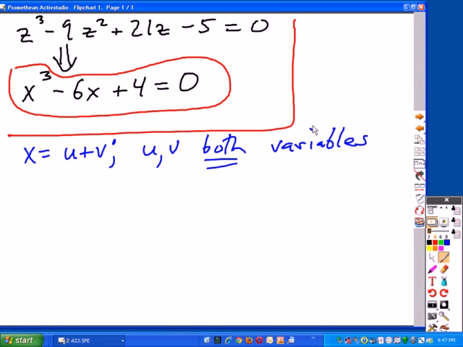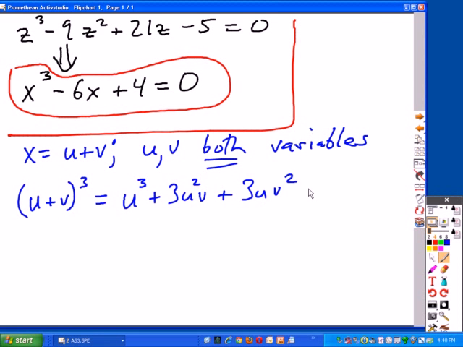So the idea for Cardano's method comes from this: if we take u plus v and cube it, that with the binomial theorem becomes u cubed plus 3u squared v plus 3u v squared plus v to the third, which can be written as u cubed plus v cubed.